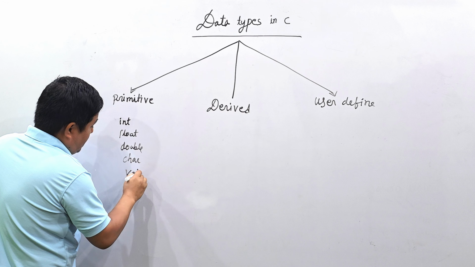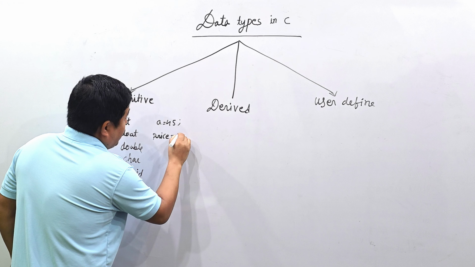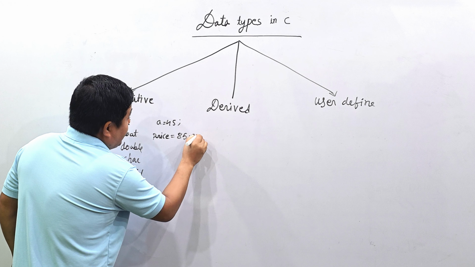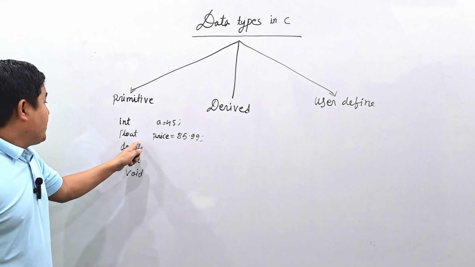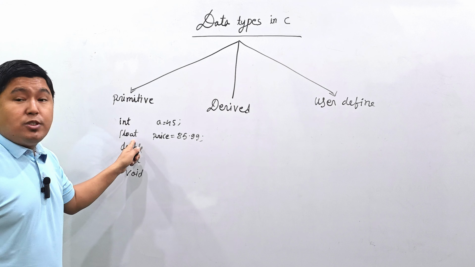But if we want to use a price value, like price equal to 85.99, then we use the float data type. If you want to store a high precision decimal value, like b equal to 85.998506, then we use double.